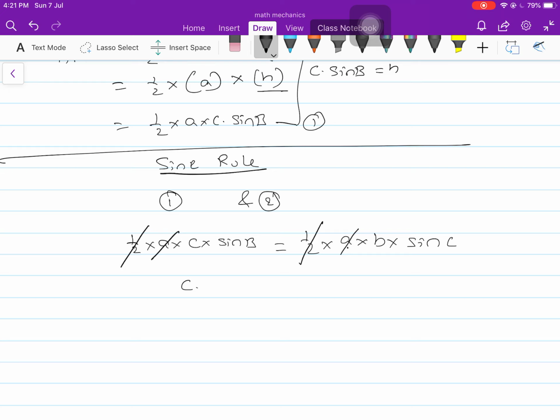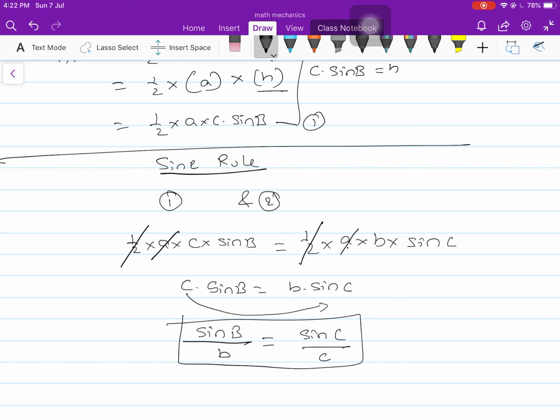So you are left with C into sine of angle B is equal to B into sine of angle C. Now I'll take the C on this side and B on this side. So I'll end up getting sine of angle B divided by side B is equal to sine of angle C divided by side C. So this is how you get the sine rule.